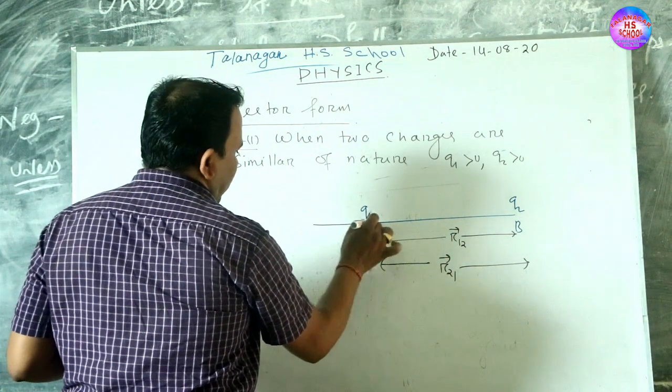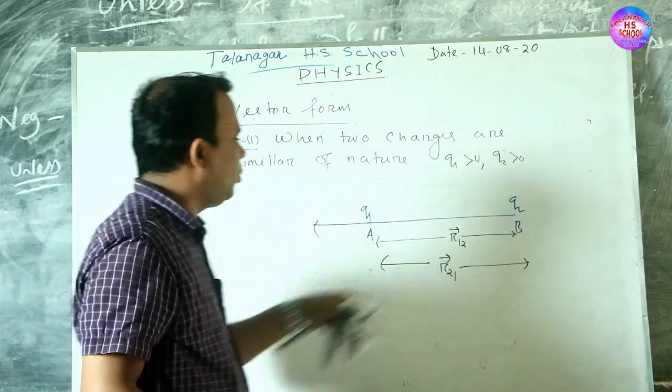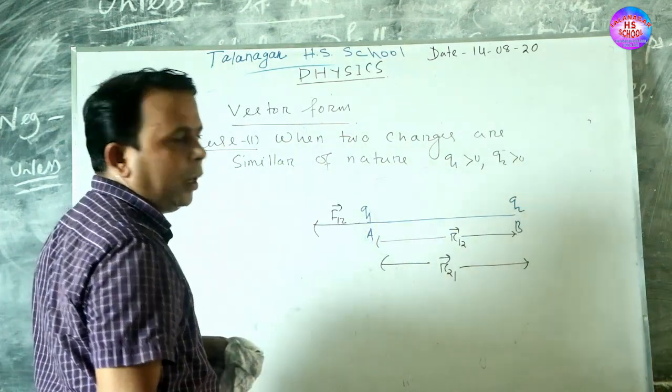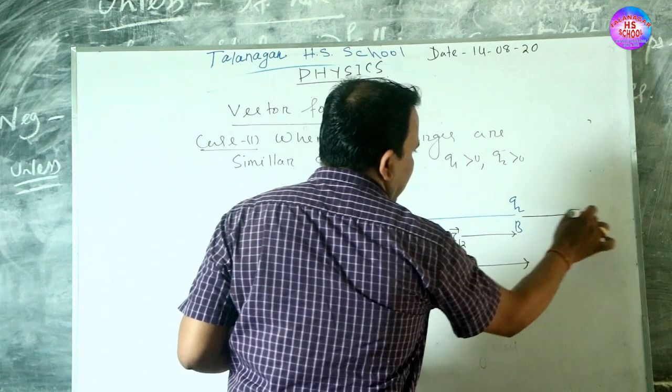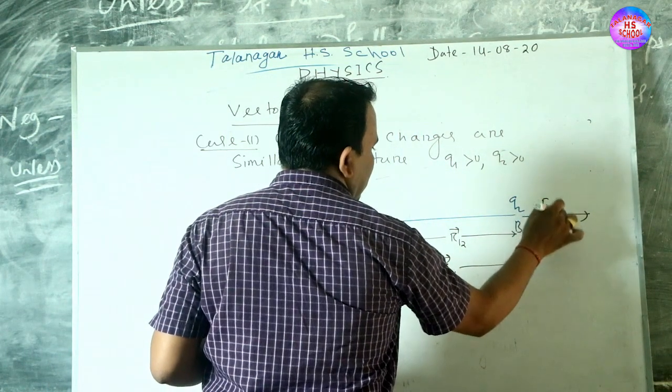The force between them is repulsive. The force acting on charge Q1 due to Q2 is F12, and the force acting on charge Q2 due to Q1 is F21.